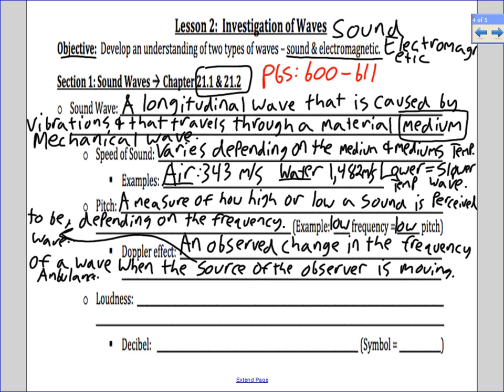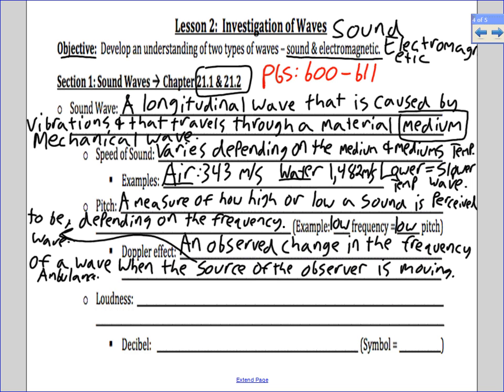So this would be a change in the frequency, because as it gets closer to you, the frequency would be much higher, so the pitch would be higher, and you'd hear it a lot more. And then as it goes farther, the wavelength would get farther away. Okay? So that would be a Doppler effect.